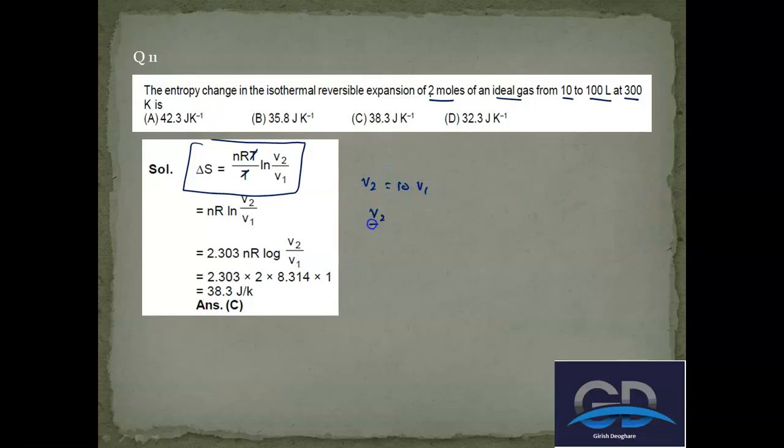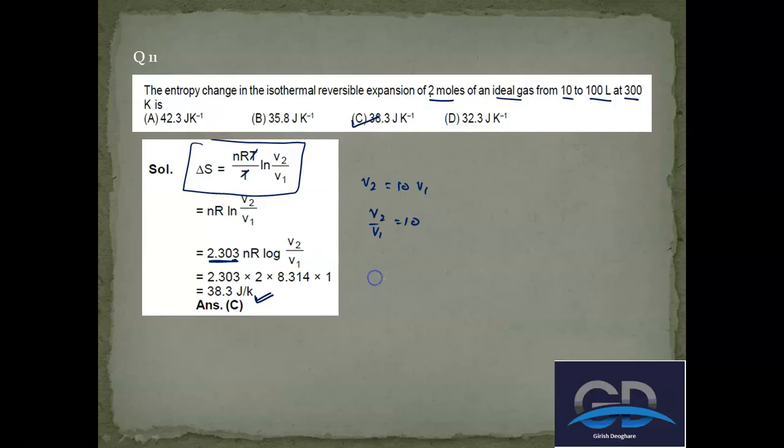So we can say V2 by V1 is 10. So if we convert this into base 10 log, we multiply by 2.303 and putting in the values, we get the answer as 38.3. So for this reversible isothermal expansion, the entropy change corresponds to option C. So for this question the answer is C.